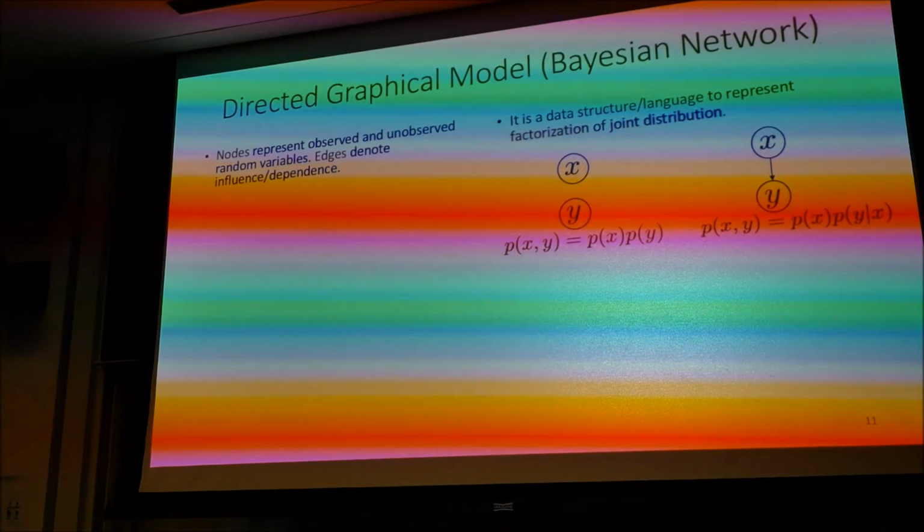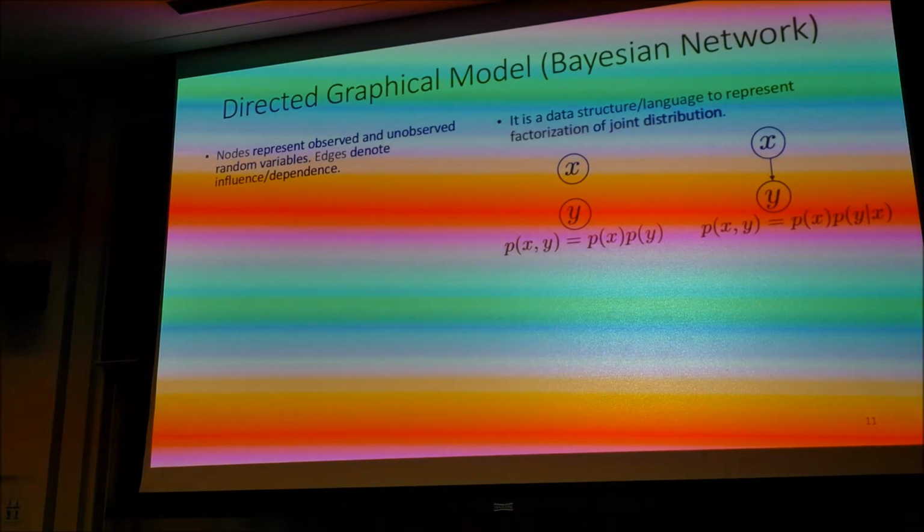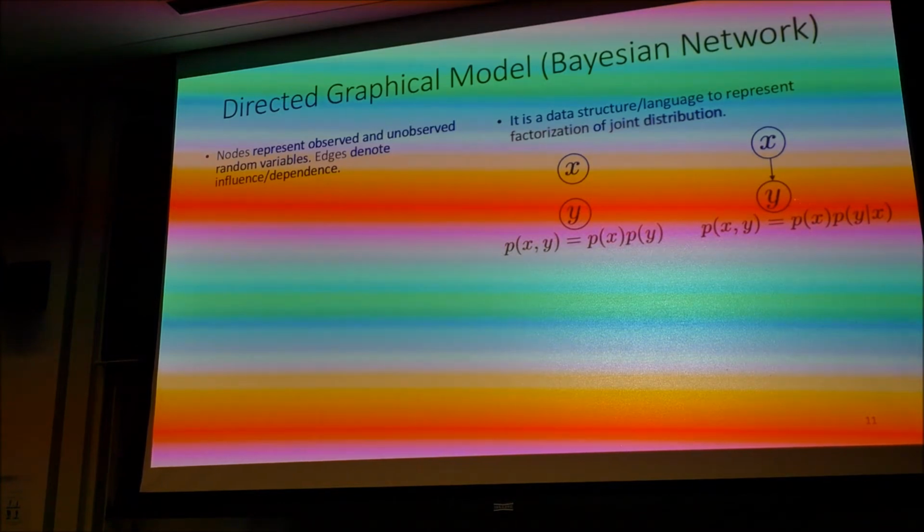For example, if I have this graphical model where x and y are independent, that means p(x,y) can be written as p(x) times p(y), and it is also encoded in this simple graphical model. On the contrary, in this case, when y is dependent on x, the joint probability distribution of x and y can be written as p(x) multiplied by another factor that is the conditional of y given x.